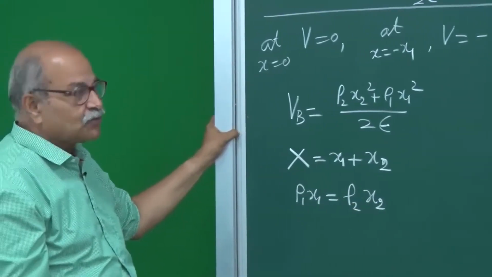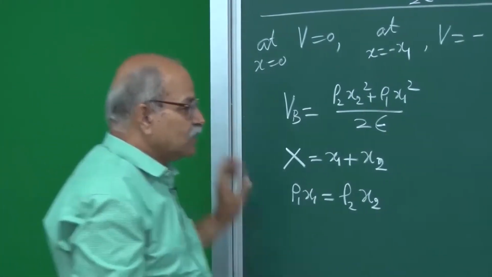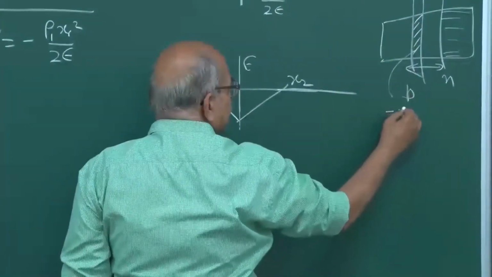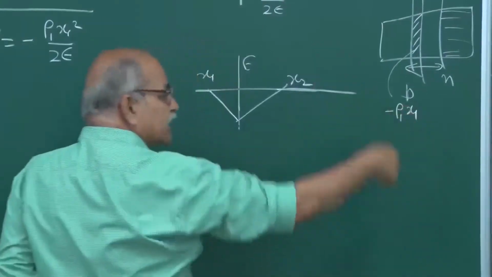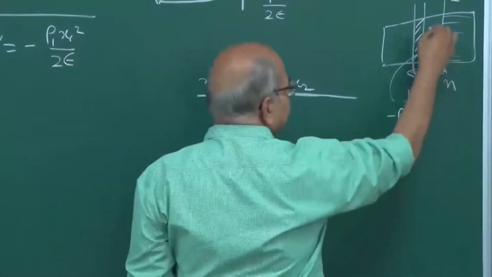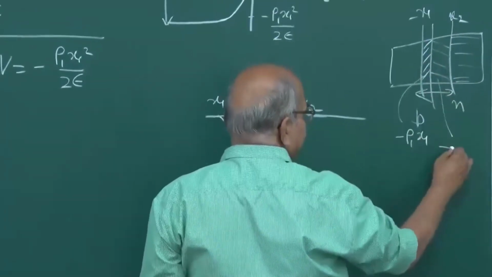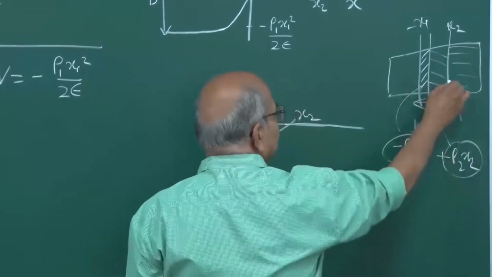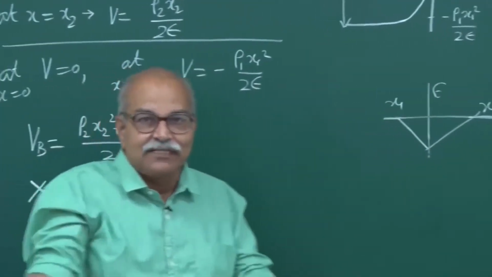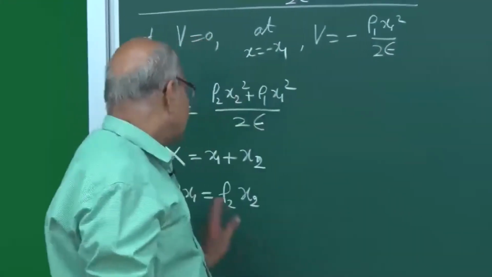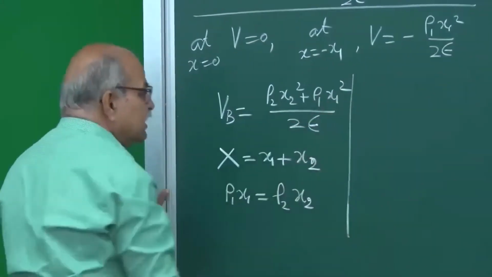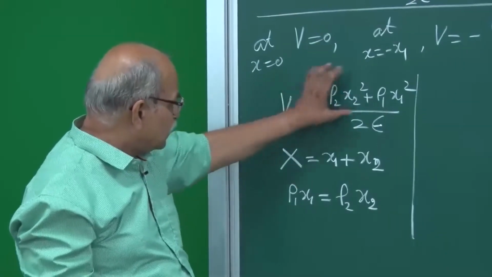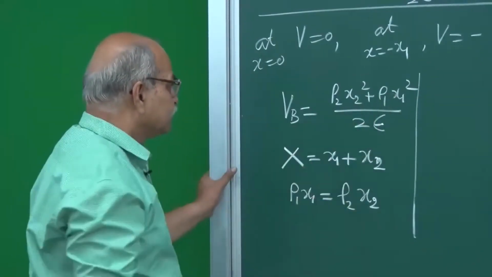Right? Charge neutrality, rho 1 x1 should be equal to rho 2 x2 because the charge here is minus rho 1 times x1 times that area of cross section, and the charge which is here will be similarly plus rho 2 x2. And since this total should be 0, after all we have not put any charge in this material, so this relation. From these we can write capital X in terms of VB, rho 1, rho 2, eliminating x1 and x2.